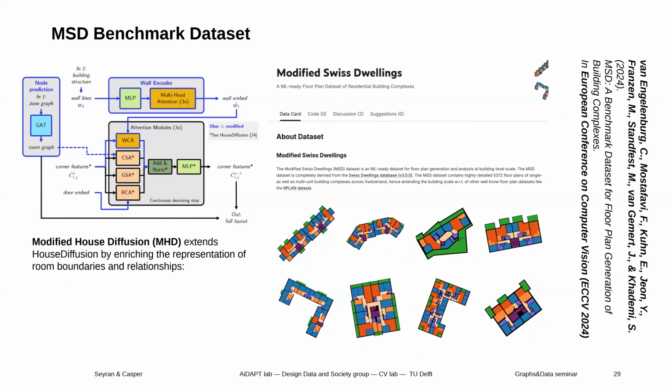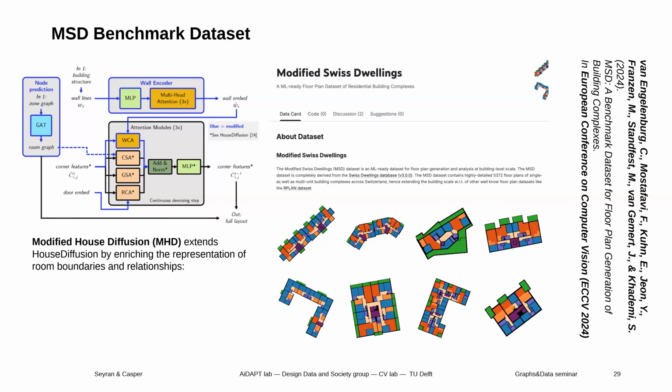It's based on publicly available datasets of buildings, but not in this format. We took it, and together with the people owning the dataset, we created a dataset that is machine learnable. So people can take the training part and then test on a part of the dataset to generate these plans.